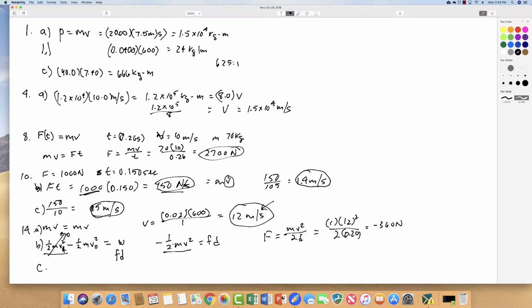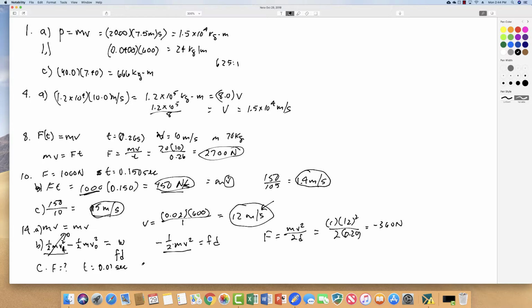Part C says, compare this to the force exerted on the gun if the bullet is accelerated to its velocity in 10 milliseconds. So F again is a question mark. We don't know what the force is. The T is 10 milliseconds, which is 0.01 seconds. 1 millisecond is 1,000th of a second, so 10 milliseconds is 1/100th of a second.